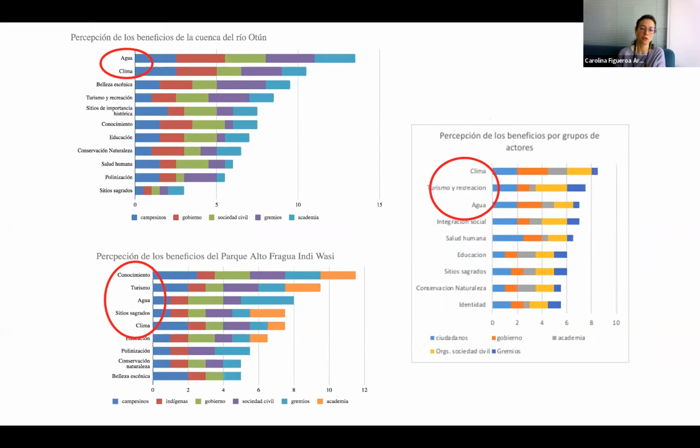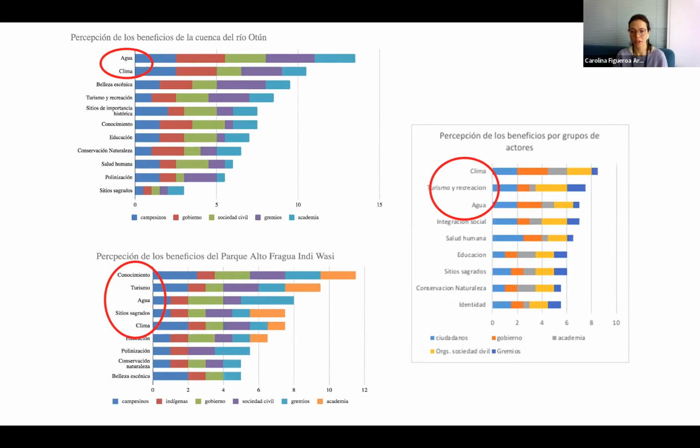But in the three cases I just shared with you, there is a very interesting finding for us, which is that climate protection and water provision and water regulation came in all three cases at the top of the list. Even for the protected area in the city, water came as an important value.